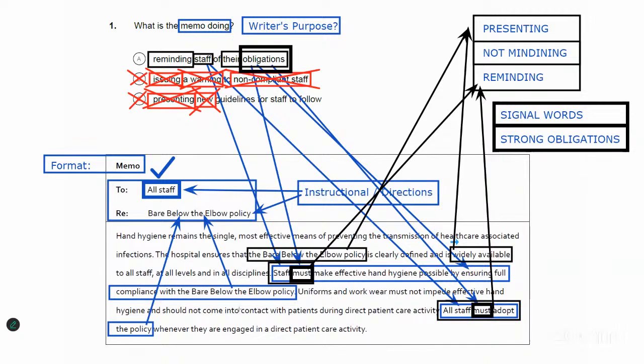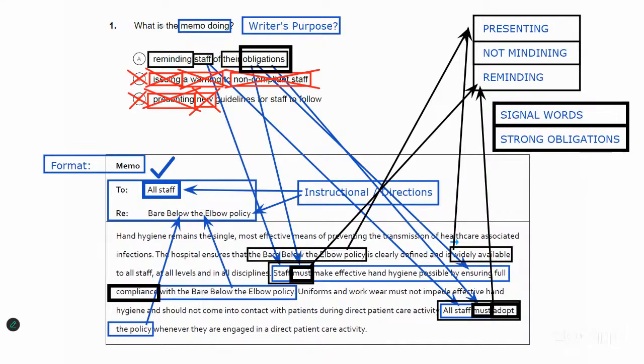The next one, compliance. Compliance means you have to follow. Adopt is an order. Must adopt. Must have compliance. Adopt is not even a request. It's saying adopt. Must adopt, obligation. Must comply means must follow.